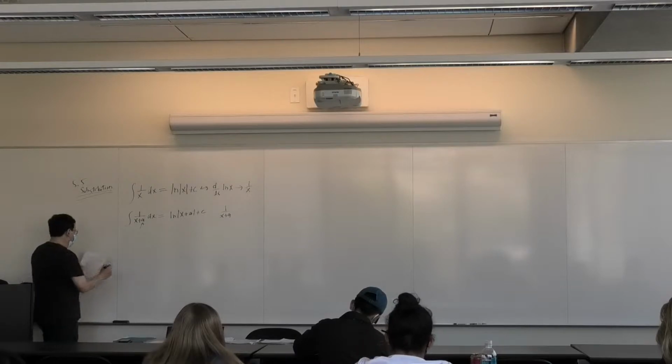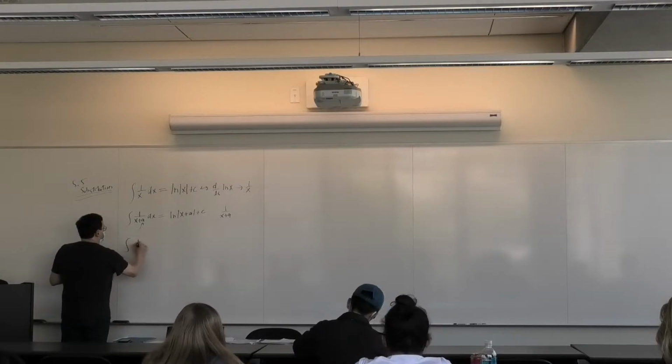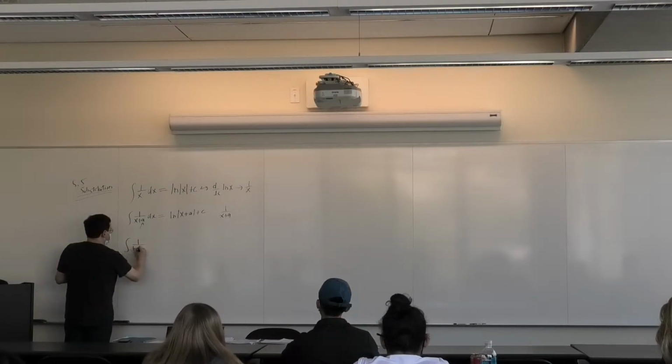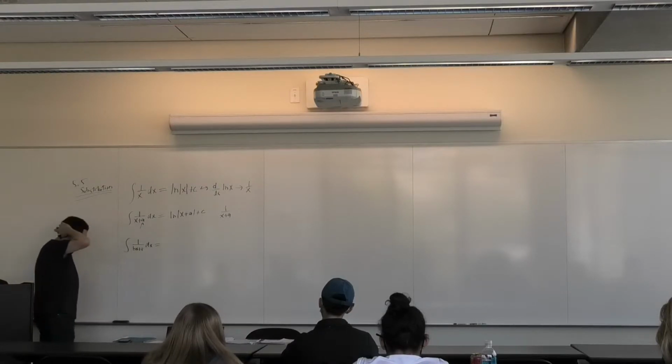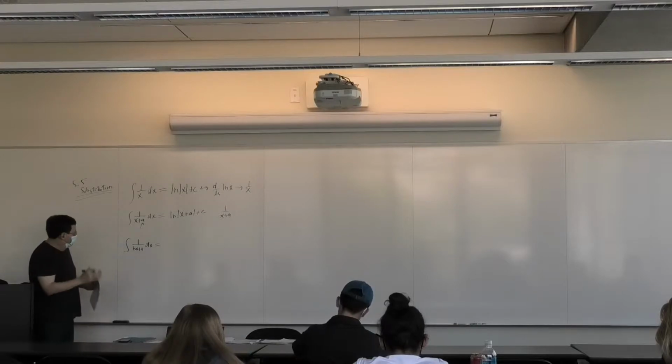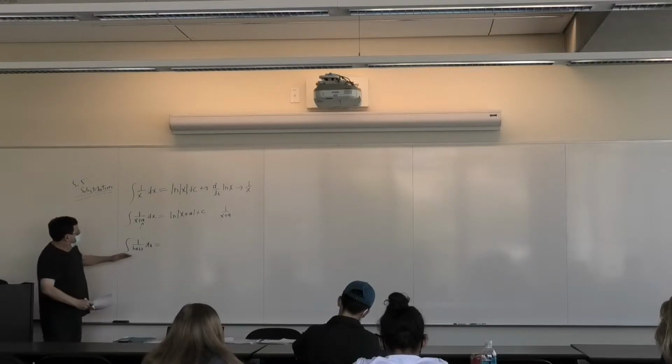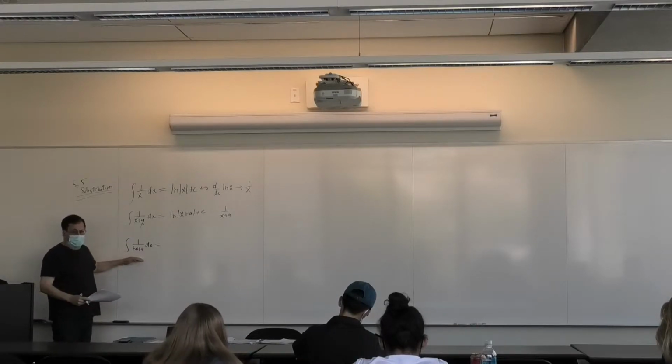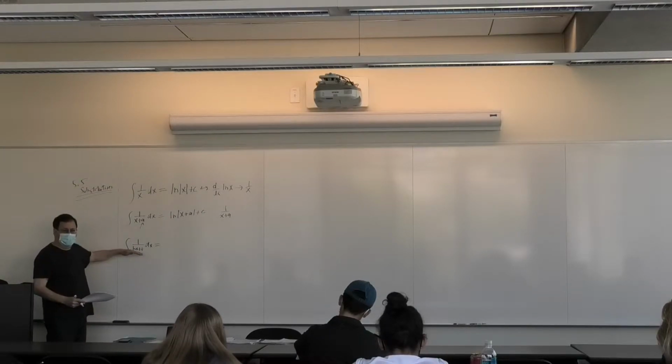Just going to push it a little further. We have 1 over bx plus a. Well, how can we figure that out? Often with finding a new integral, what you want to do is make it look like an old integral, which you know.